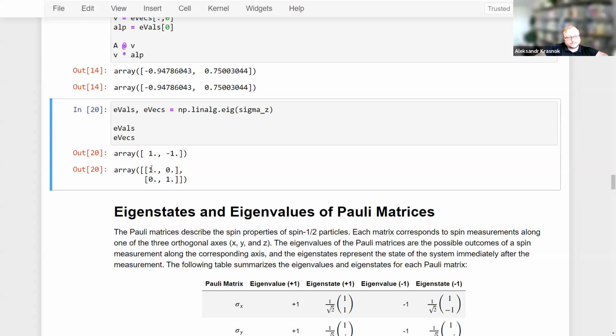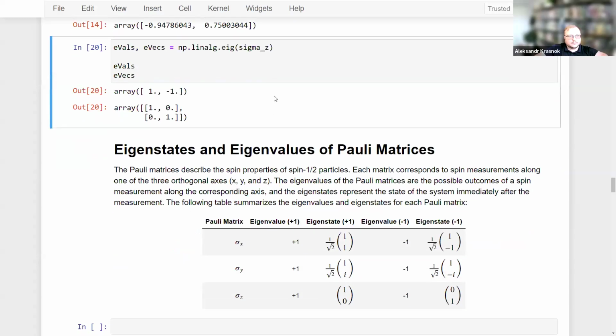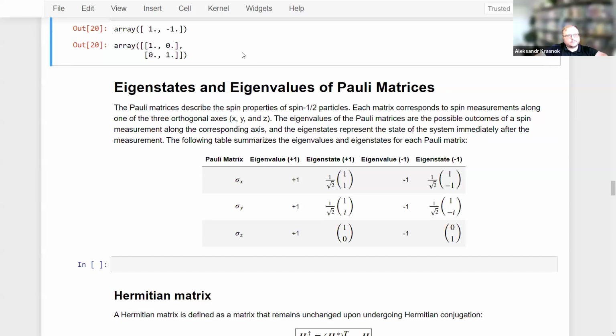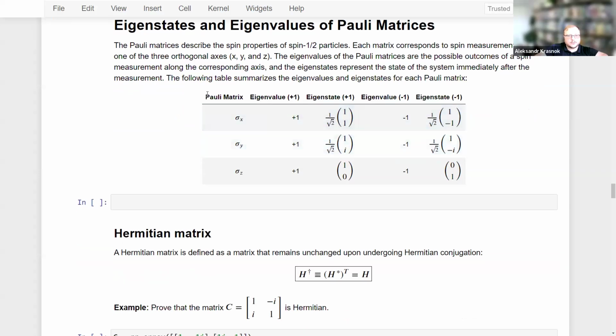And eigenvectors are the states that this particle acquires in each of these states. Okay, so you can summarize the eigenvalues and eigenstates of Pauli matrices in such a table.